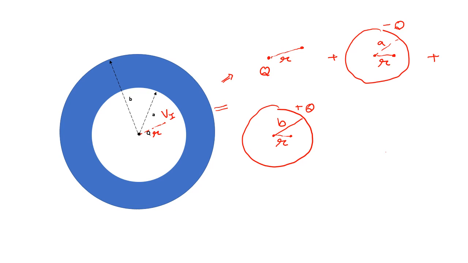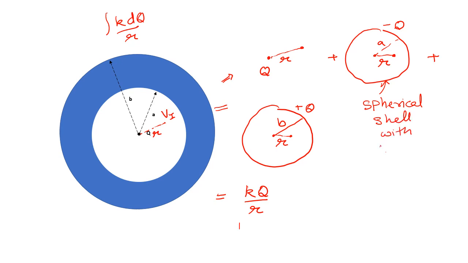The potential due to the first one, and now I'm using the thinking of k dq by r, is simply KQ by r, the potential due to a point charge. This is a spherical shell with symmetric charge.